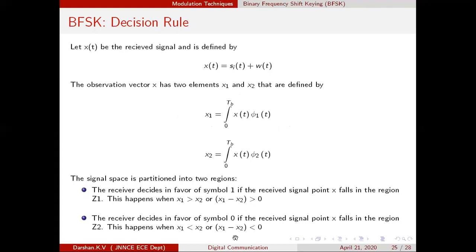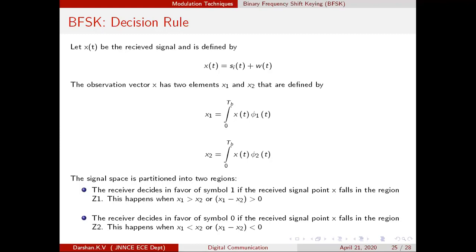So what can you understand from this conclusion? Without seeing the constellation, without seeing the geometry, I can tell: you have the received signal, you convert that into a vector, and then you compute x1 and x2.